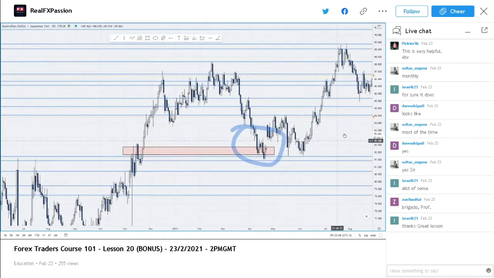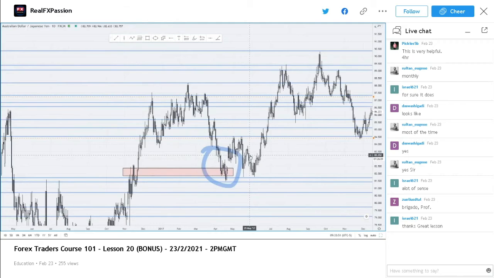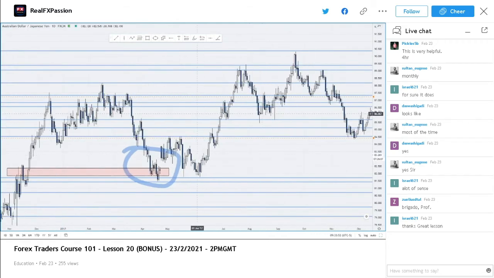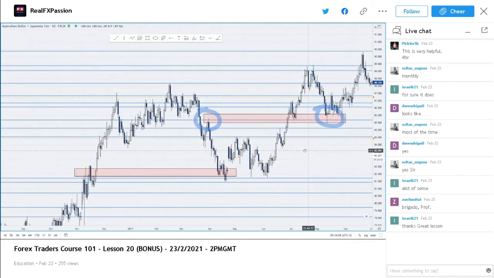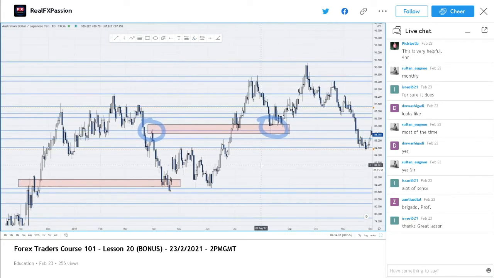And where is the bad example, when this doesn't work? Okay, here, right? Here, I would say, okay, this low reacted to this high in here. This low reacted to this high, right? And I would enter here, and the market would go against me, right?